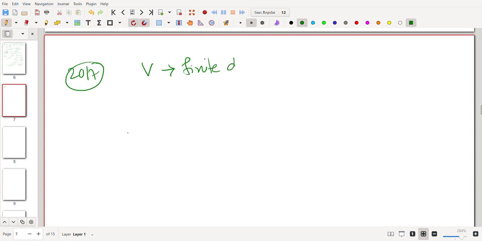V finite dimensional vector space over a field, T from V to V linear map.